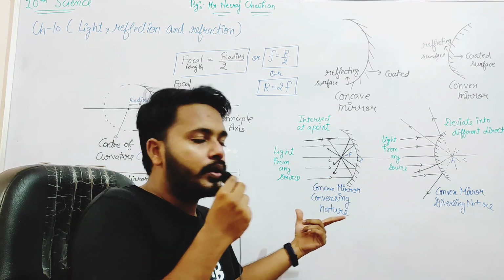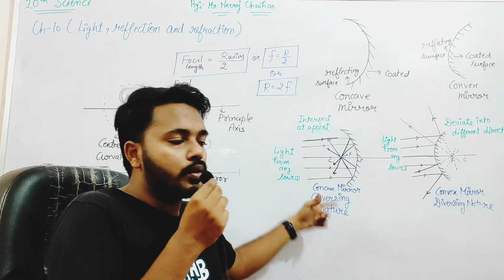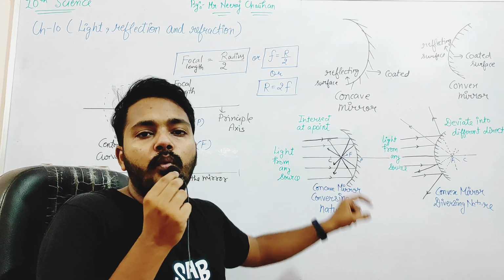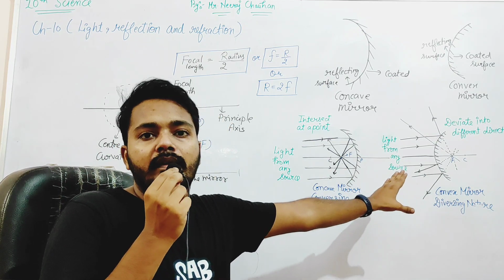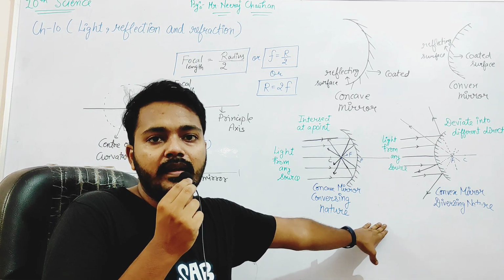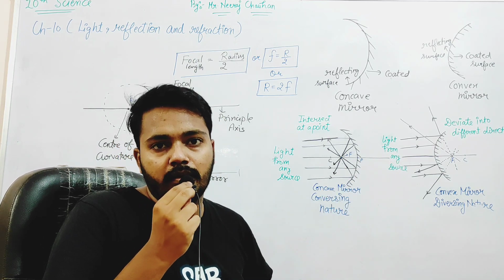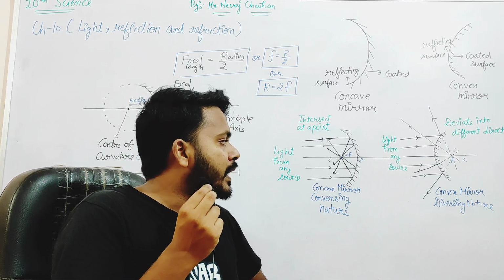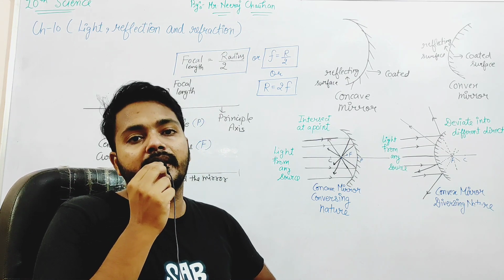So we can conclude that the concave mirror is converging in nature because all the parallel rays intersect at one single point. If the parallel rays from any source strike the reflecting surface of the convex mirror, all the rays will deviate into different directions. They will not intersect at a point. That's why we can say that the convex mirror is diverging in nature.